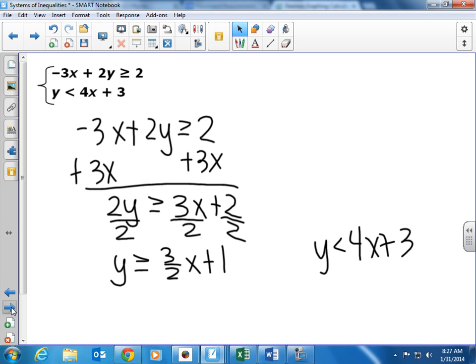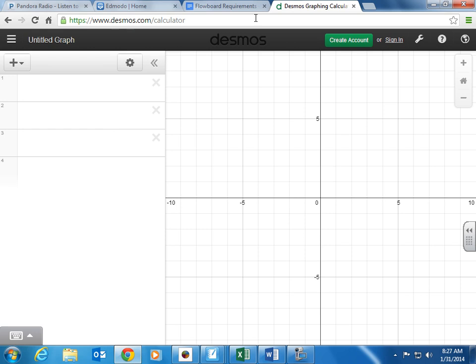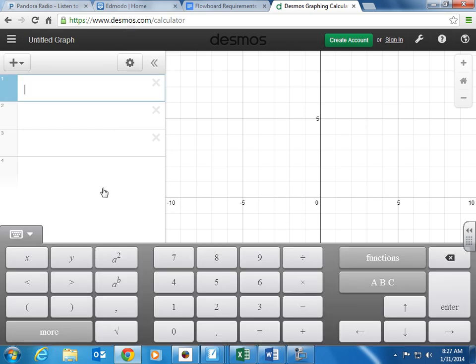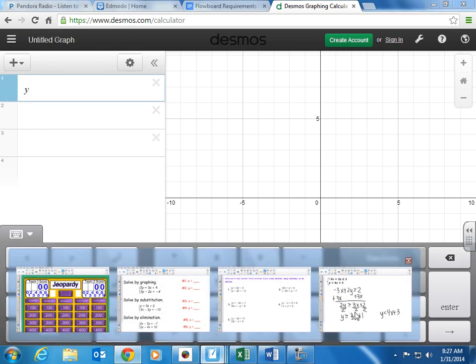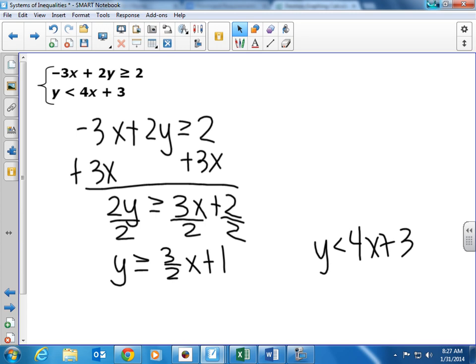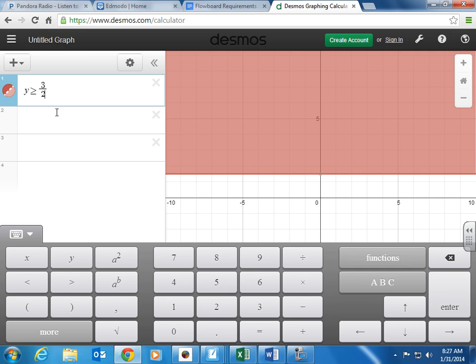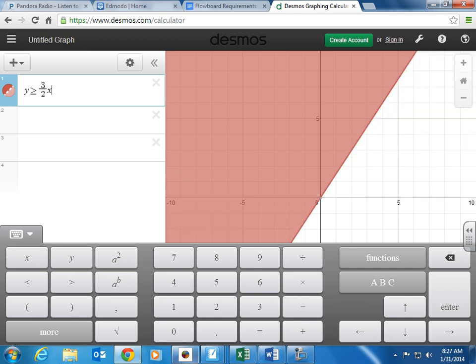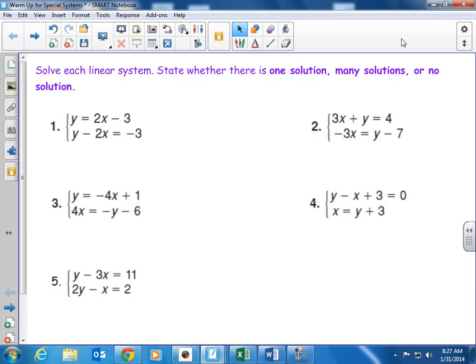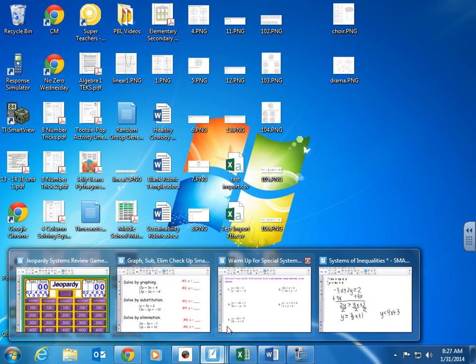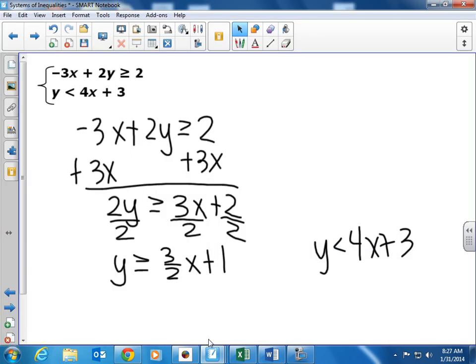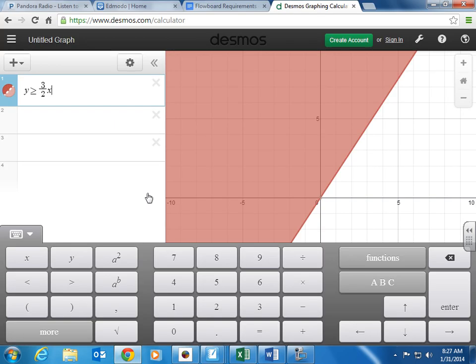That's great. So I'm going to show you guys how to do this using Desmos. Desmos makes it very clear how to do this. I'm going to pull up Desmos and type in my inequalities. So I had y is greater than or equal to 3/2 x plus 1.